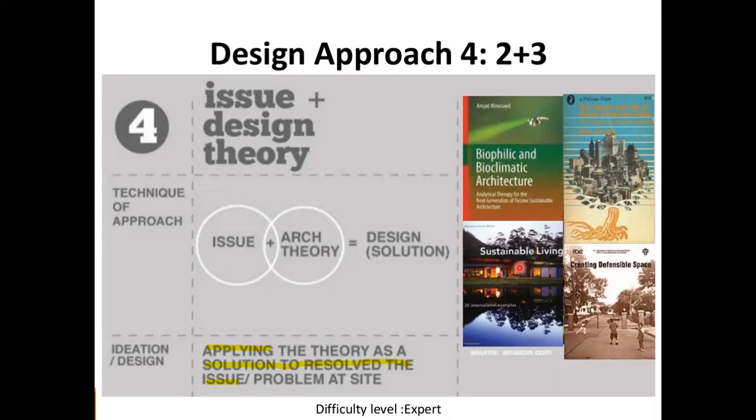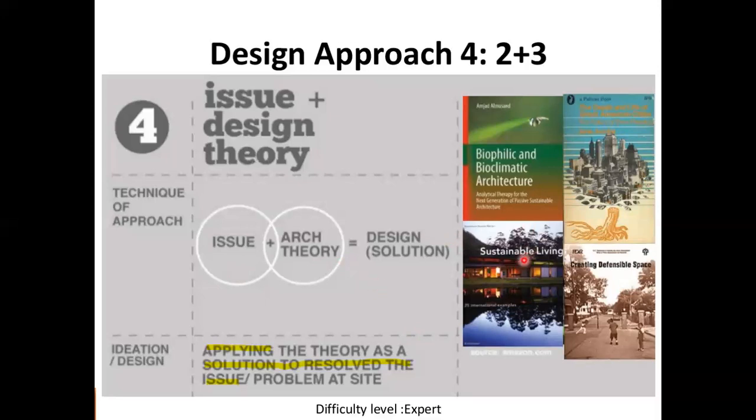Then sustainable living is mostly relevant in that environment-friendly, cost-effective, and easily recyclable materials are used to construct the buildings. So we are addressing both issues, the budget of the people as well as using the site materials, so that the issue and the theory are combined.